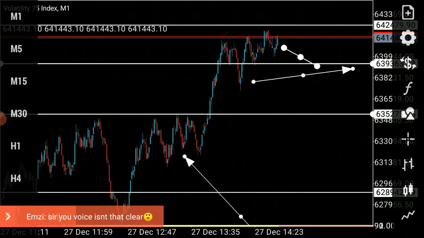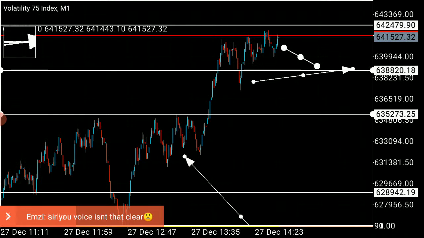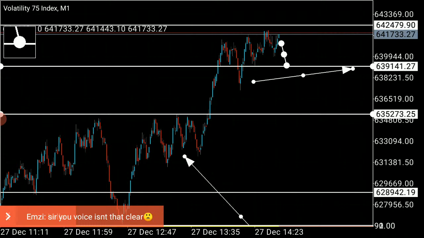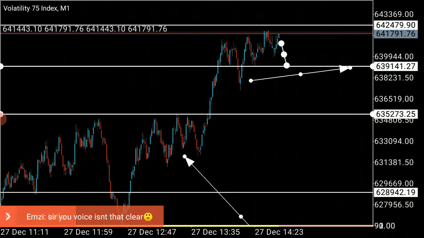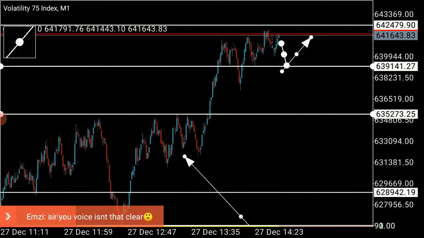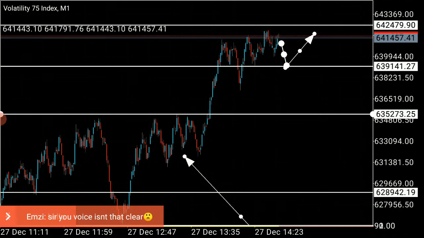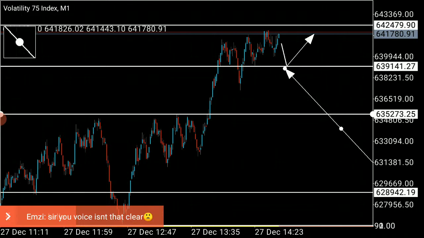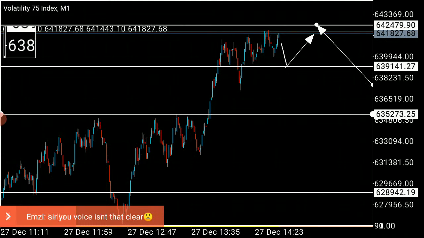I'm trying to map out something. And then this one like this. Okay, so when you see me do something like this, I'm trying to tell you that I'm expecting this trade to come down to retest this level and then gain strength to bounce up.